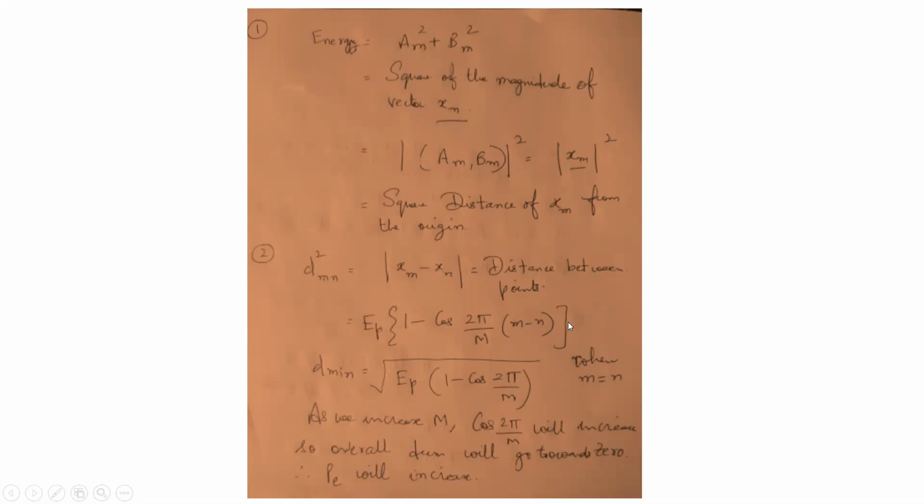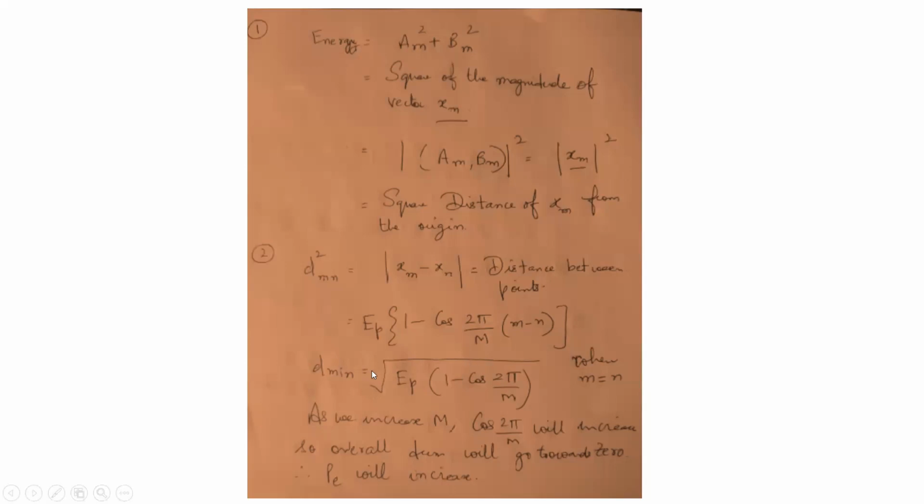If I'm talking about point 0 and point 1, the distance will be minimum when the points are adjacent to each other, when this index difference is 1. So m minus n has to be equal to 1.